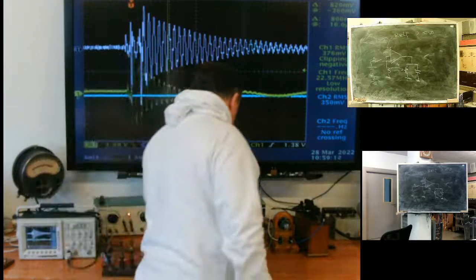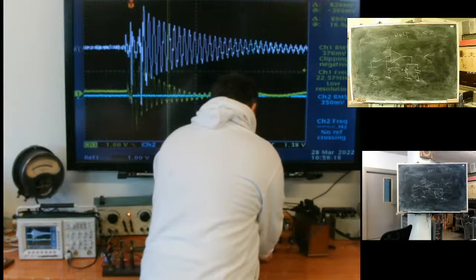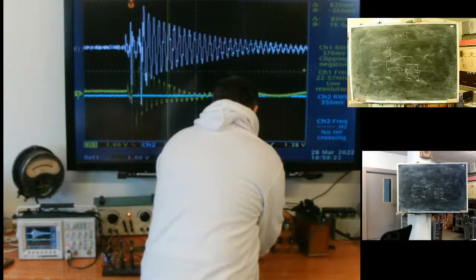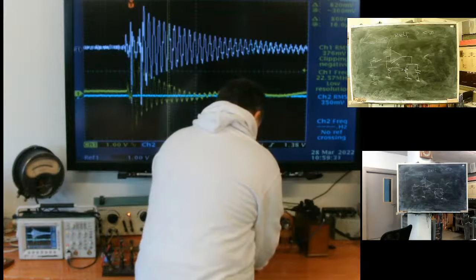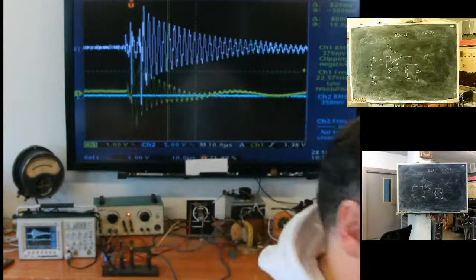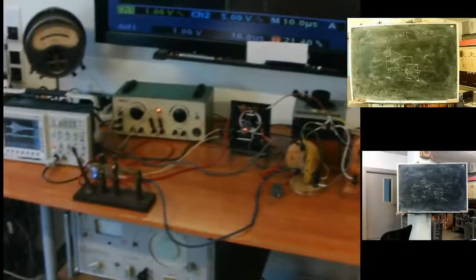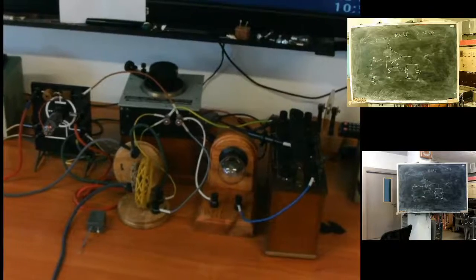Okay, it's brutality. I have put them as close as possible to make coupling as strong as possible.